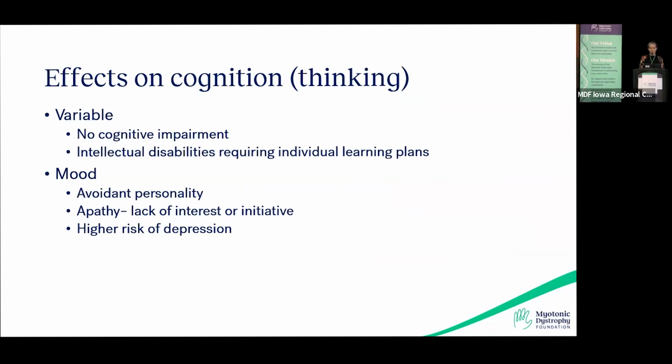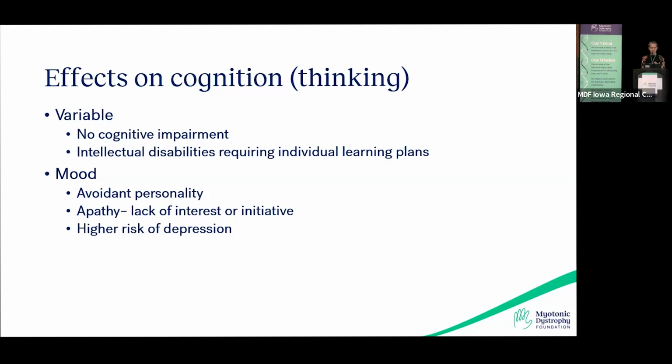The effects on cognition or thinking from DM1 are variable. A lot of people don't notice any cognitive impairment, and there are some people who have intellectual disabilities that require special education or individual learning plans for their school and occupations.